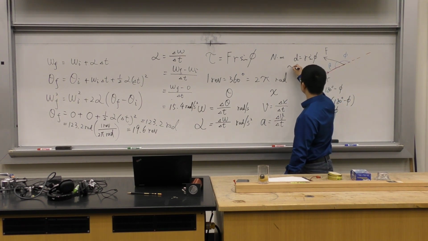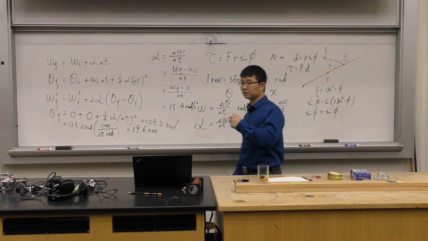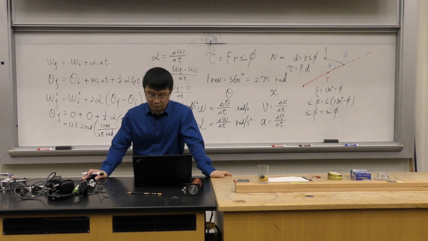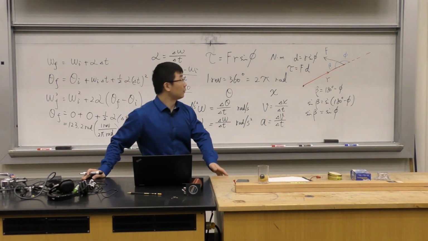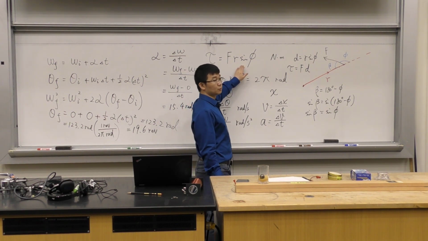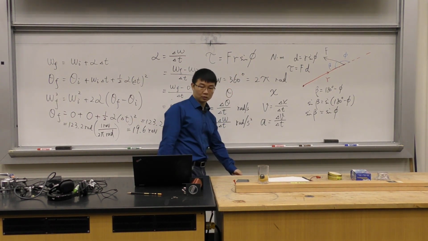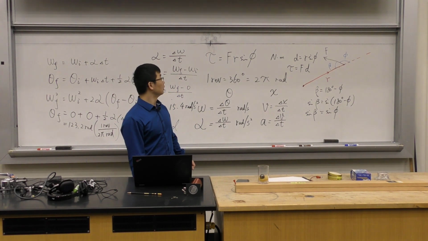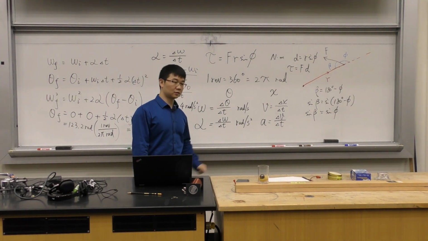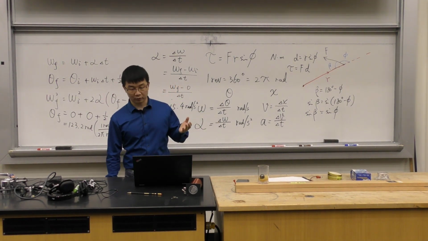Then they would write this torque as force times the moment arm. But that's the same idea, just a different notation. In this class, I'm not going to use the term moment arm at all. We're always just going to do force times arm times sine phi to find a torque.